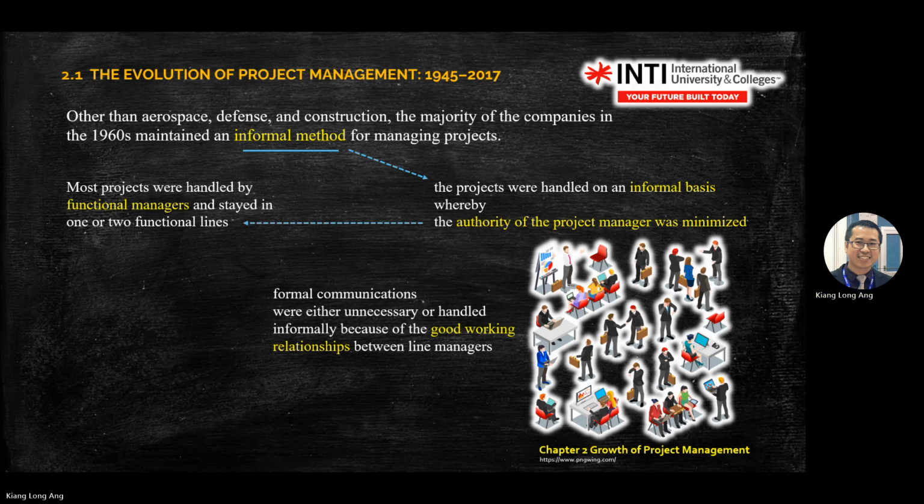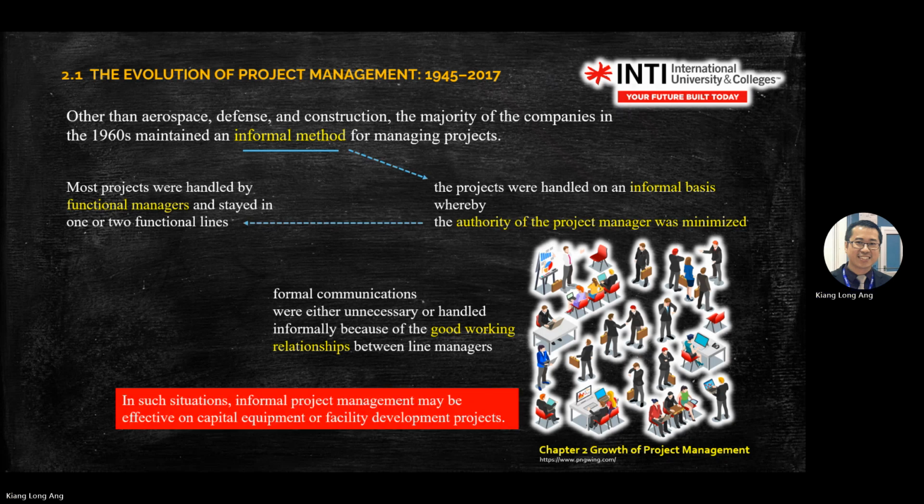In this one, you need a good working relationship with the line managers. Formal communication was either unnecessary or handled informally, because at that time they were dealing with the currency of relationship.